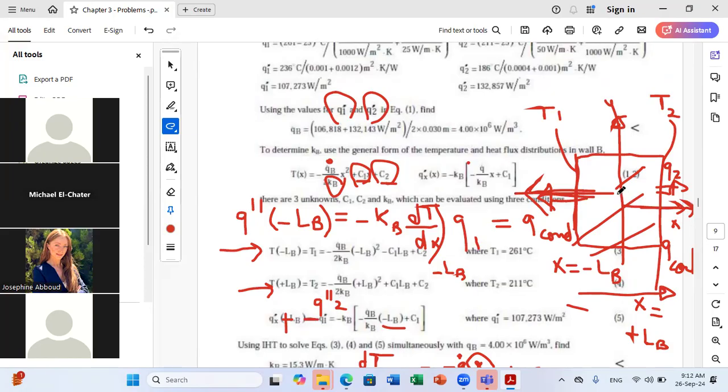So you should pay attention to this. Okay, so the first equation can be Q second at plus LB is equal to plus Q second 2, because Q second 2 is already in positive direction, equal to minus KB dT by dx at plus LB. So here, instead of minus, you will put a plus, and then you will get your fourth equation.